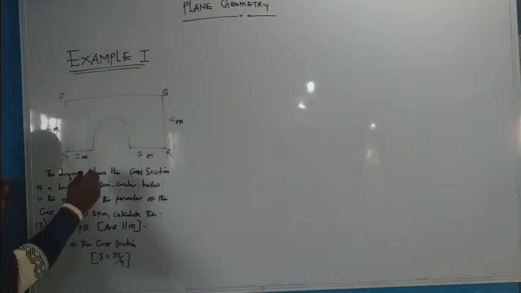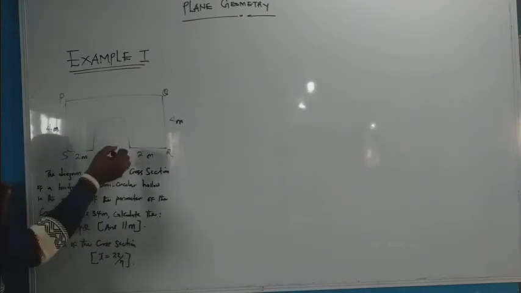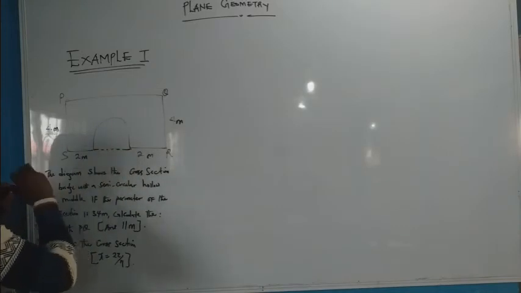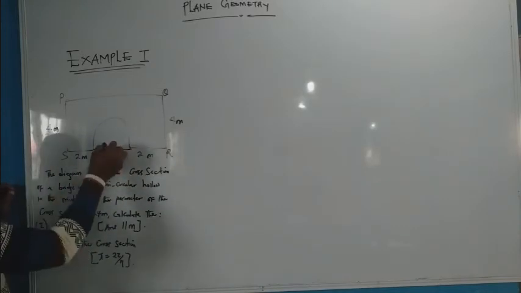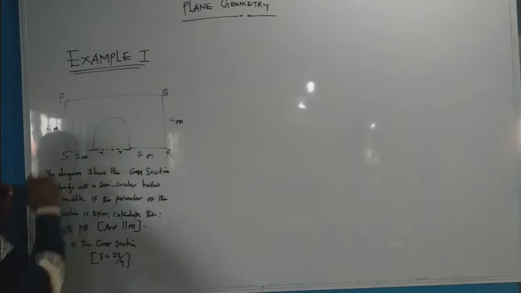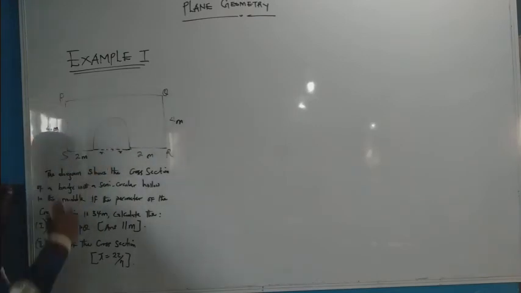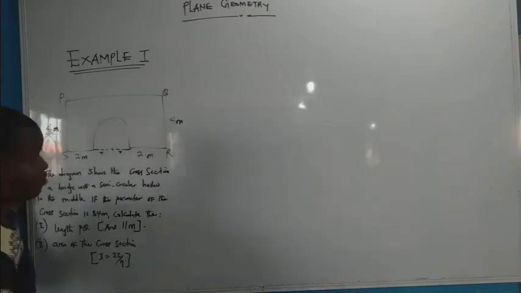So what we have here is the diagram. Now, this is a semicircular hollow. You can construct it. That is a semicircle. So we have here the radius, and that makes it 2 radius. Why I constructed it is because I want an expression for the length of PQ.